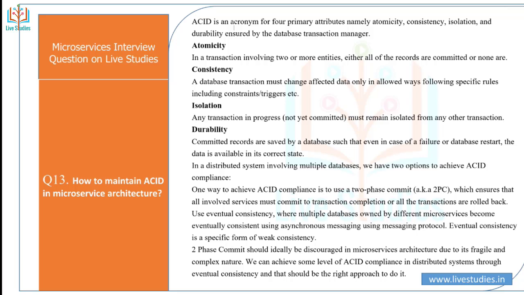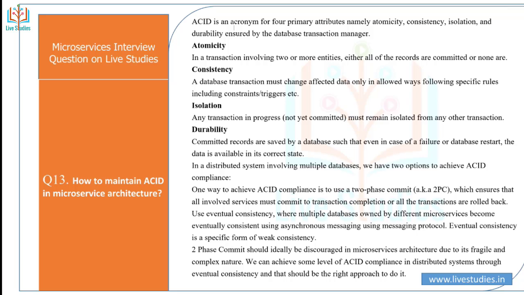ensured by the database transaction manager. Atomicity: in a transaction involving two or more entities, either all of the records are committed or none are. Consistency: a database transaction must change affected data only in an allowed way, following specific rules, including constraints and triggers.